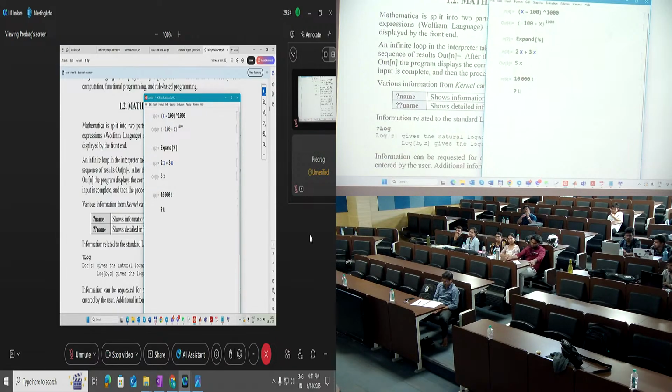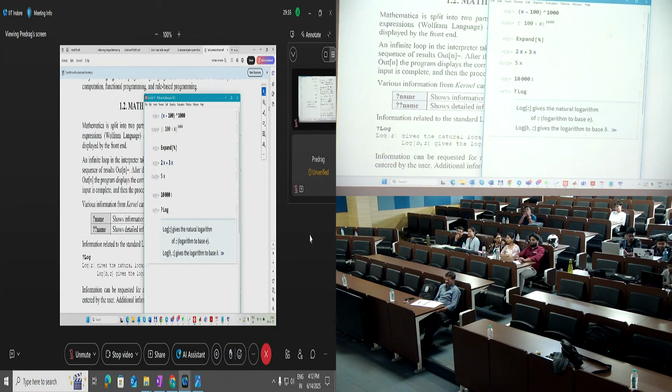Capital L. All standard functions in Mathematica start with a capital letter. Here is the answer. Log of z gives the natural logarithm. It is the logarithm of base e.